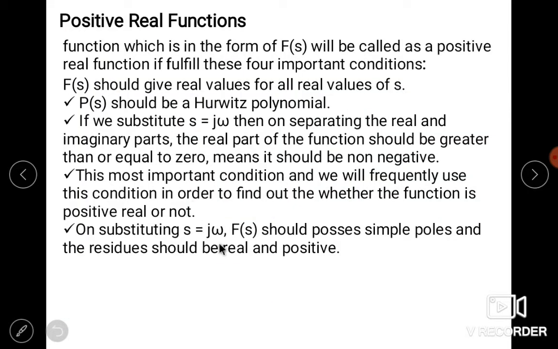See, on substituting s is equal to 0, f should be simple poles and residues in the form. So what it does mean is this.